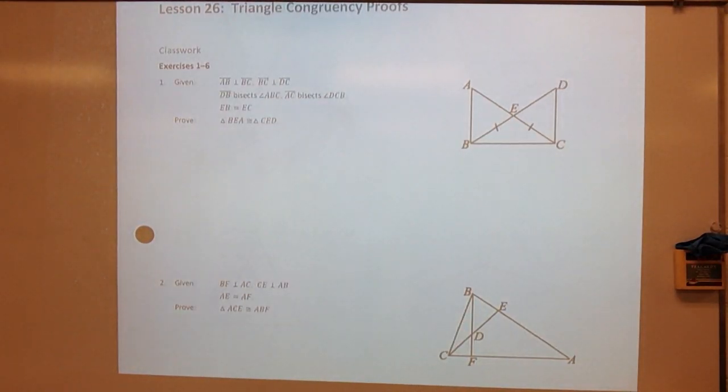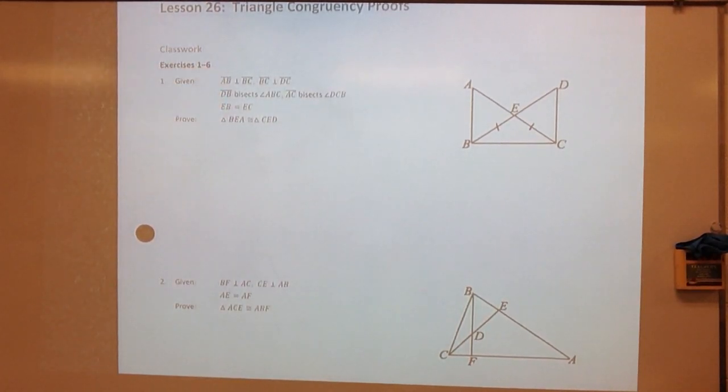Now let's break this up. I'm going to break our givens up for a moment, because each one of our given statements gives us a lot of information.